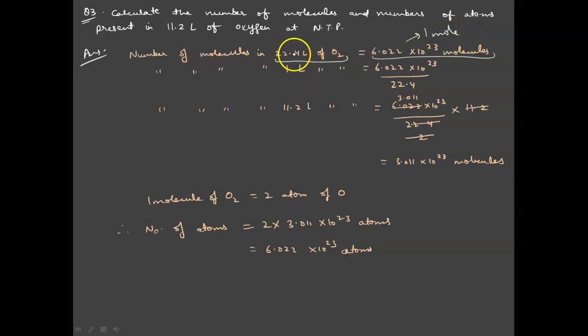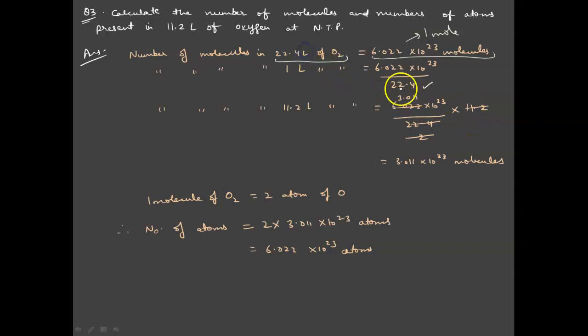So similarly we have to calculate for 11.2. Using the similar unitary method, we calculate for 1 liter, so this value 22.4 goes into the denominator. Now we have to calculate for more, not for 1, so we will skip one step and do it right here. 11.2 liter goes in the multiplication.